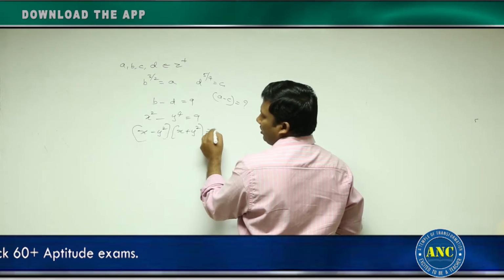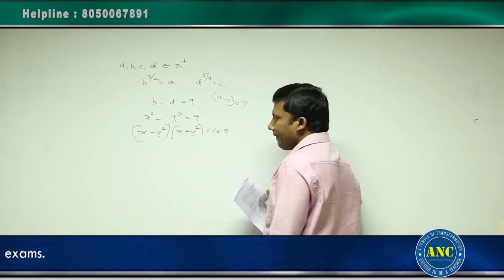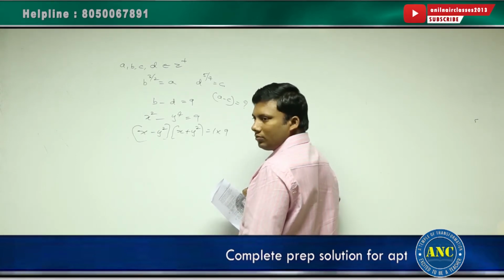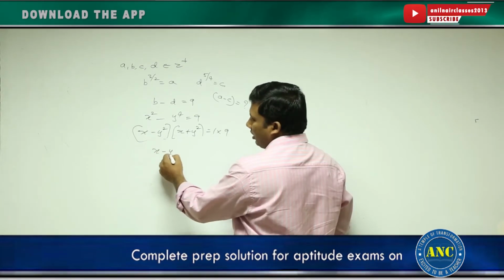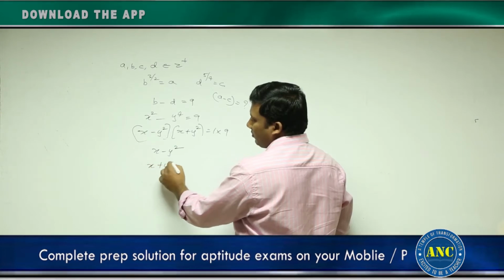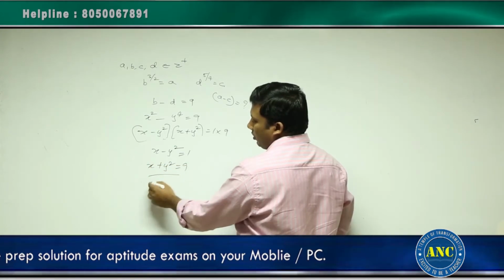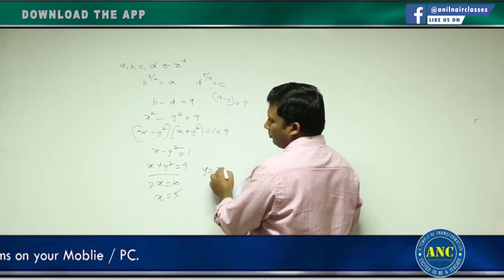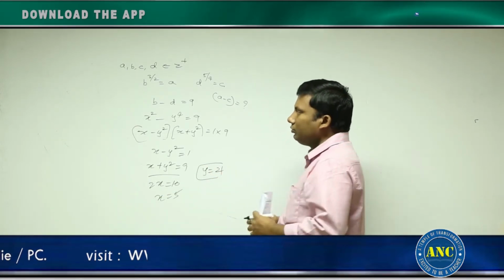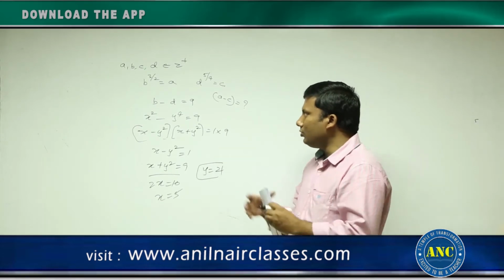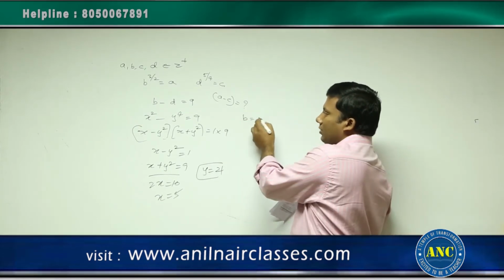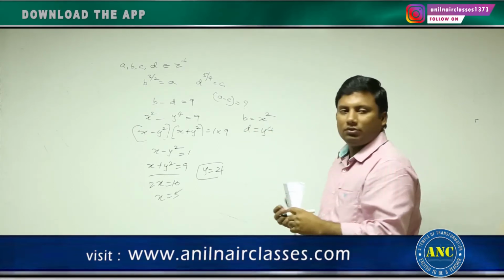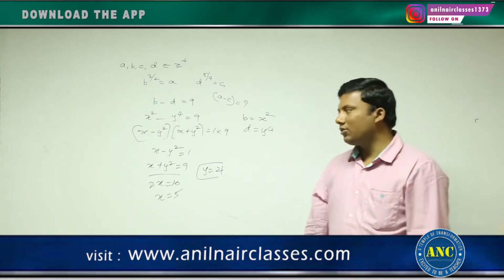So (x minus y) square and (x plus y) square are 1 and 9, giving 2x equivalent to 10. X is 5, y is 2. So B is nothing but x square, D is nothing but y power 4. From there you will get B and D, so that you will get A and C.